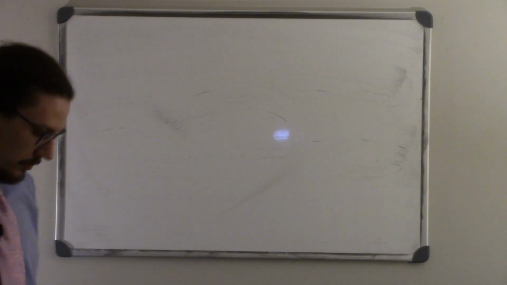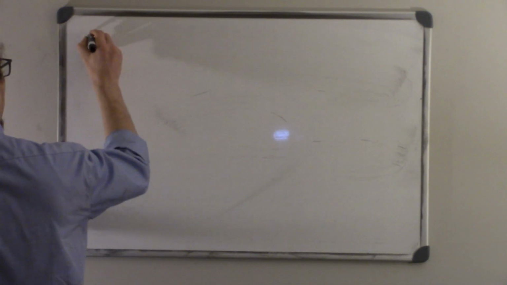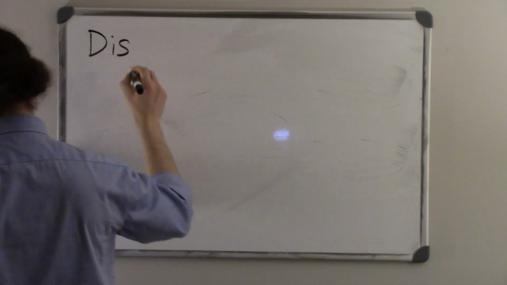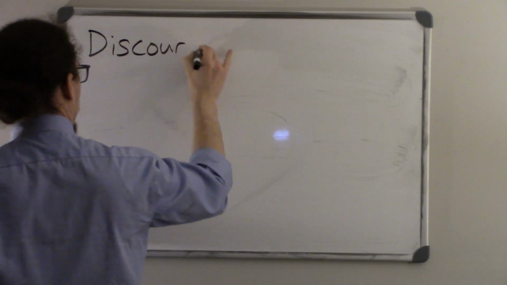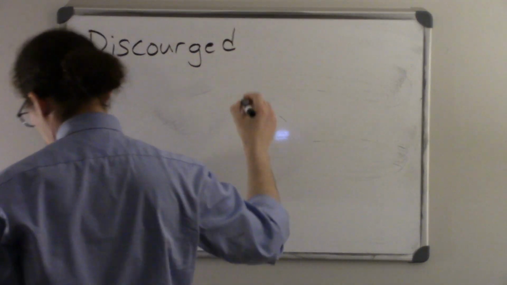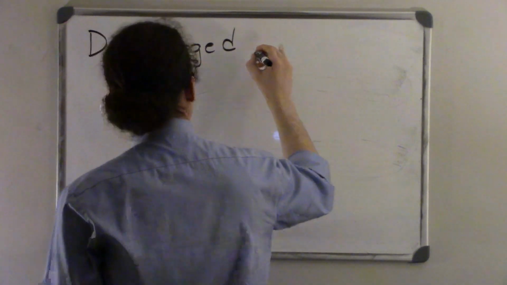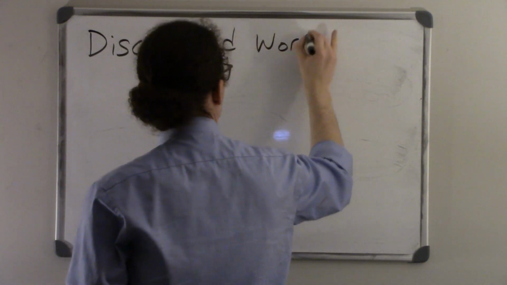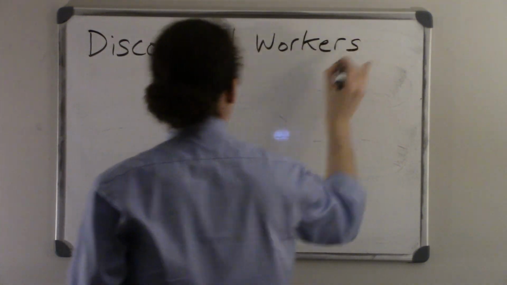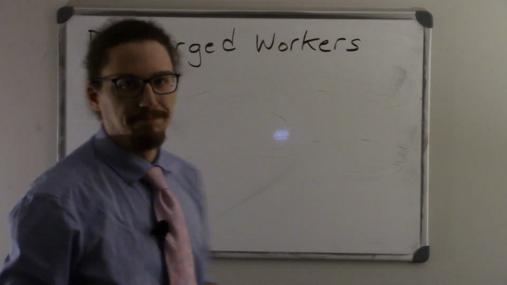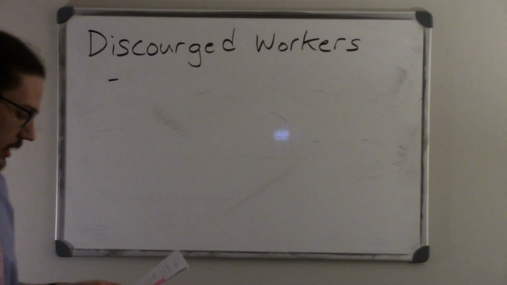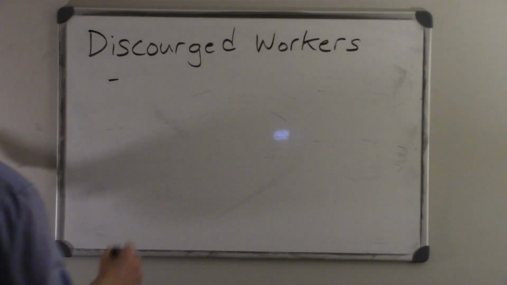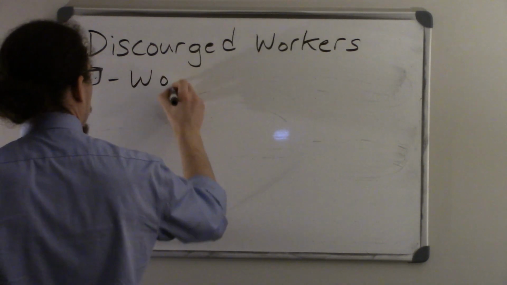Now we will turn to some curious cases. We're talking about unemployment and unemployed people, but we're also going to talk about some categories of workers that don't fit that definition and don't meet those conditions. The first of which is going to be discouraged workers.